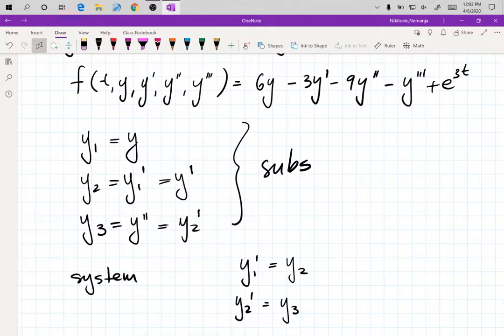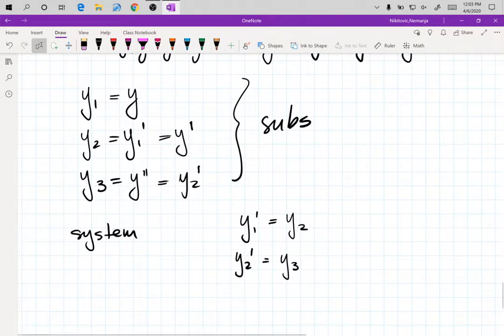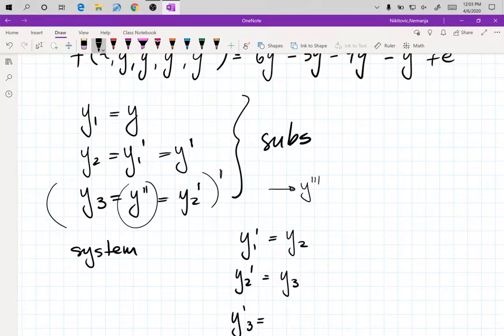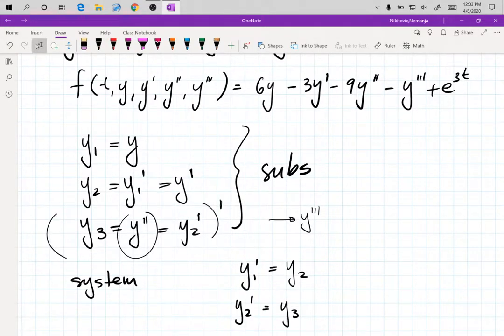And now what is my y3 prime? I didn't solve that one yet. What is y3 prime? If I differentiate this one, I will get y triple prime, right? Do I have a y triple prime in here? I do. Maybe I should have done that.